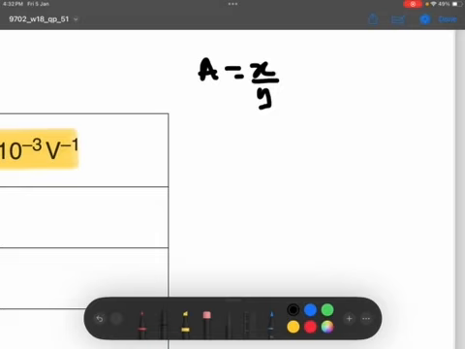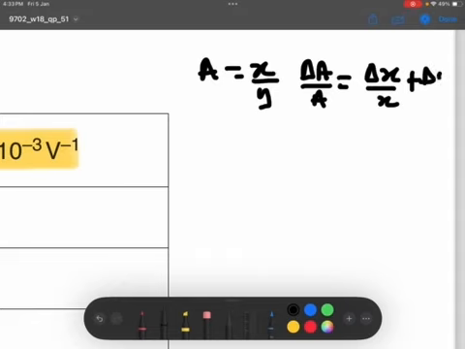There's no way you can find delta a directly before you find the fractional uncertainty. So first things first, you must find the fractional uncertainty, which would be delta a over a is equal to delta x over x plus delta y over y.